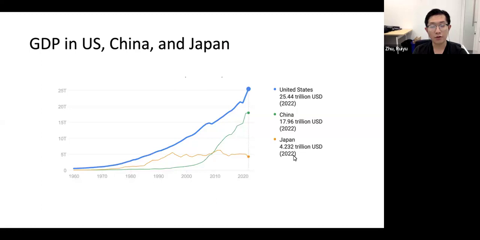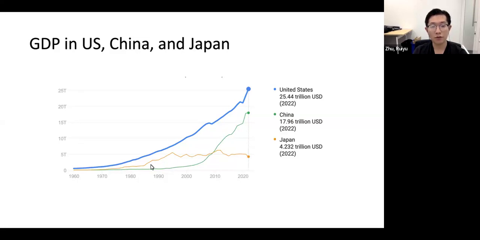This figure shows a time series of the GDP in the US, China, and Japan from the 1960s to 2020. We can see that the US kept a very stable growth rate over a very long period of time, which is very impressive. China started growing over the last 4 decades, and is quickly catching up.